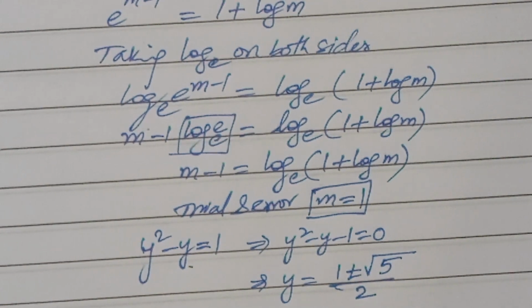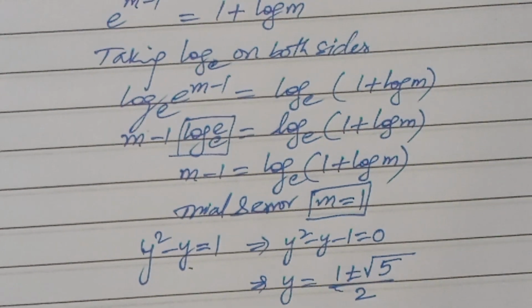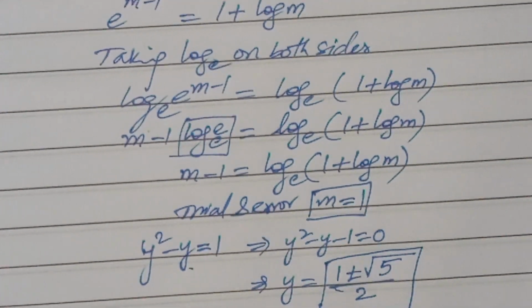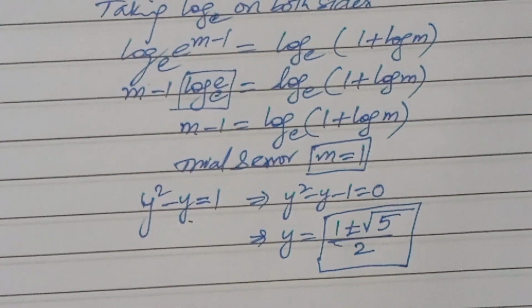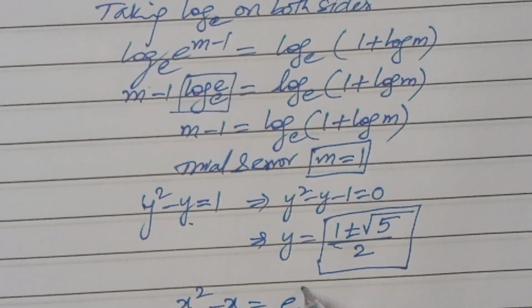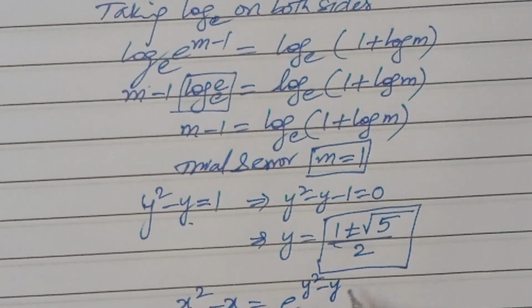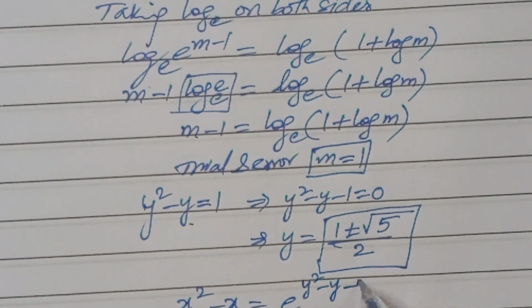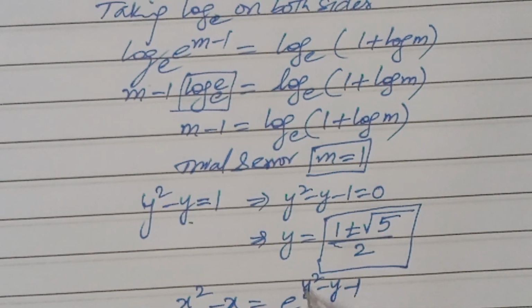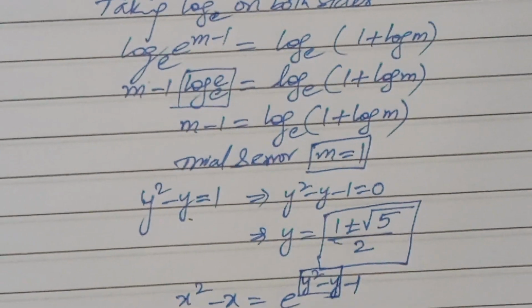This is the value of y. Now we have to get the value of x. So x square minus x is equal to e to the power of y square minus y minus 1. Here the y square minus y value is 1.